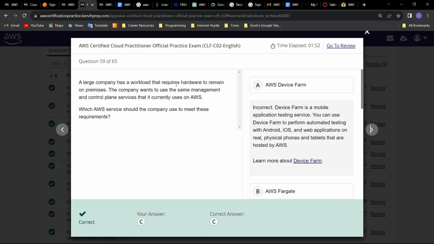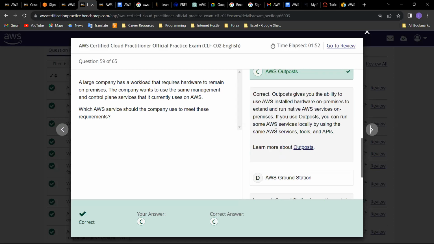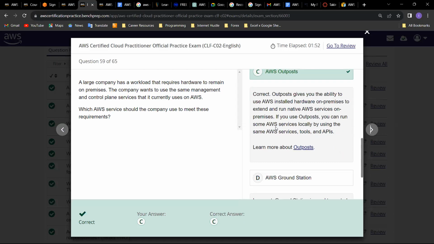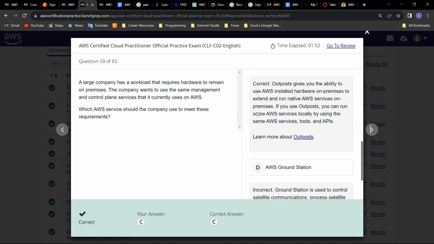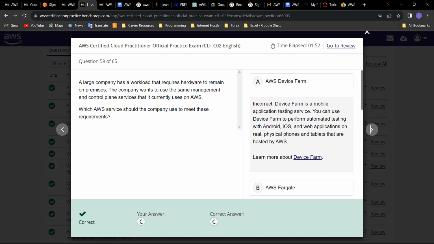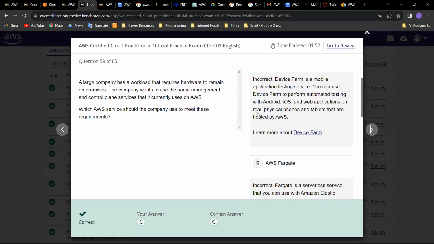A large company has a workload that requires hardware to remain on premises. The company wants to use the same management and control plane services that it currently uses on AWS. So I think here too, yes, that was Outpost, but I think somebody chose something else.